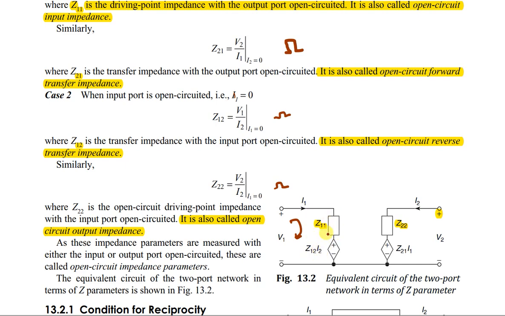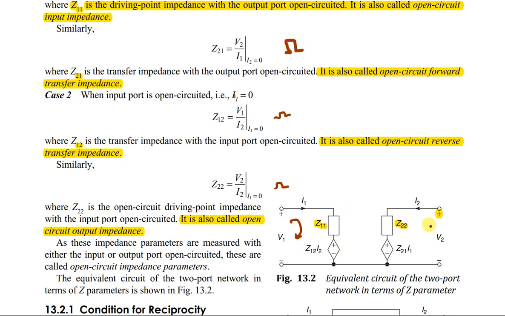This is a pure impedance, but this is a dependent source, with plus and minus. This voltage depends on the current in this path. If this current is zero, then this becomes zero. So it is expressed as a dependent source, diamond shape. This is Z22. Input impedance is Z11, output impedance is Z22, and the remaining two you have to express like this. So this is the equivalent circuit for Z parameters.